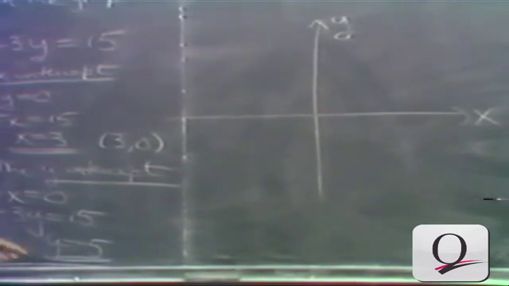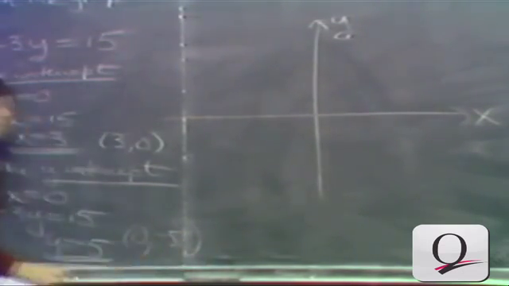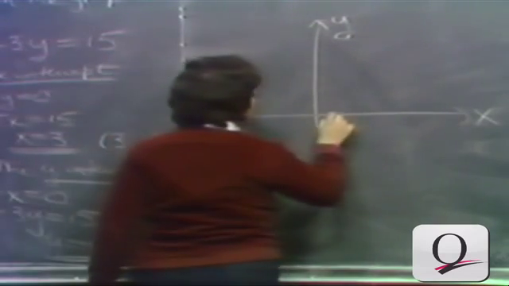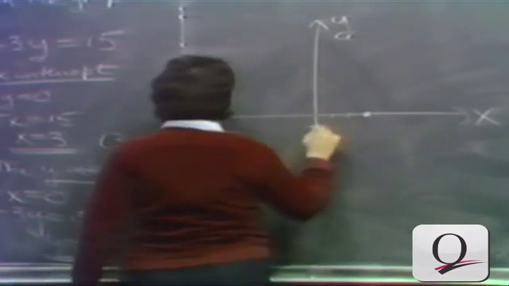Similarly, if the y-intercept is minus 5, it crosses the y-axis at the point where y equals minus 5. But if the point is on the y-axis, its x-coordinate must be 0. So it must mean it goes through the point 0, minus 5. So the line is going to go through the point 3, 0, and 0, minus 5.